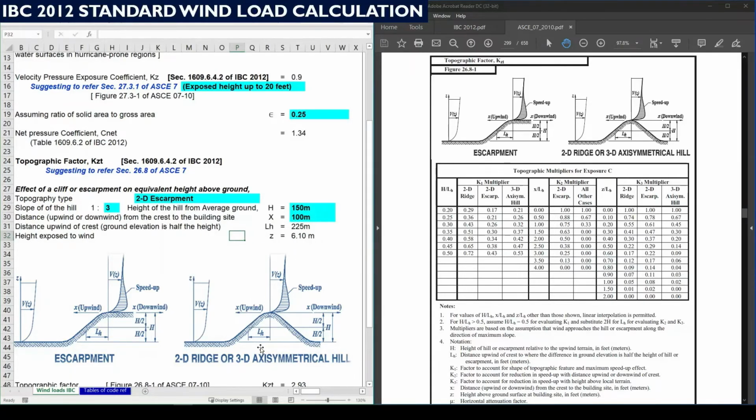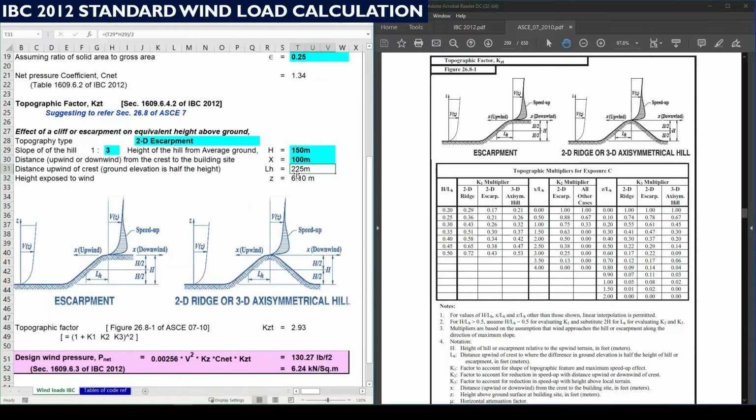L_H is the distance at which the height of the hill is half of the total height to the top peak or crest of the hill. That is a horizontal distance.